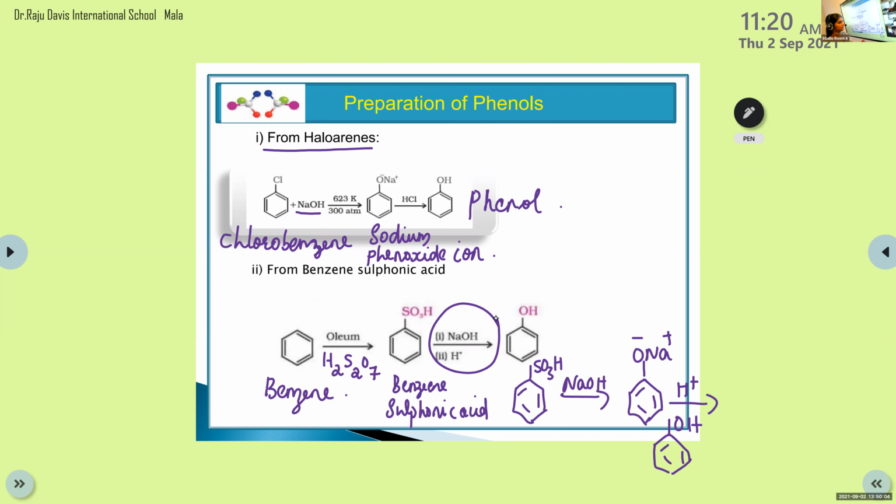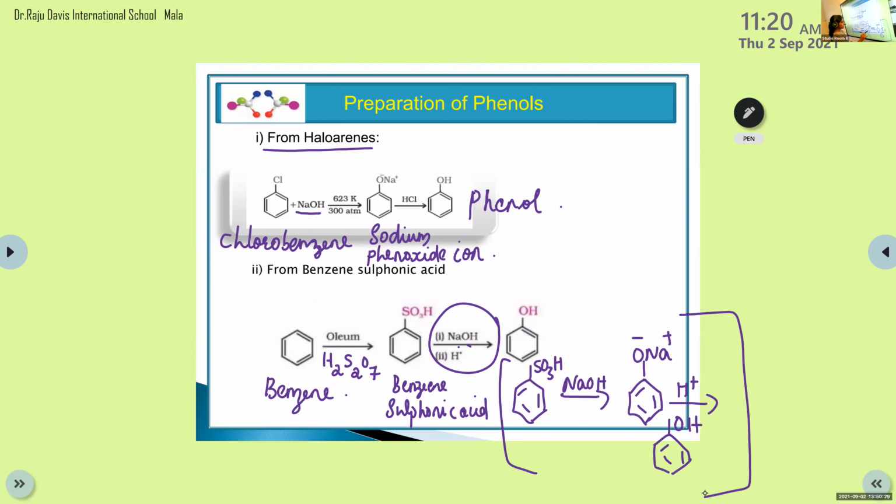Yeah, Achud, ask me. Ma'am, can you explain the last step again? Yeah. After the formation of benzene sulfonic acid, it will react with NaOH. Here the first reagent is NaOH, right? So here the sodium phenoxide ion is formed. This is the actual process that takes place after the first step.